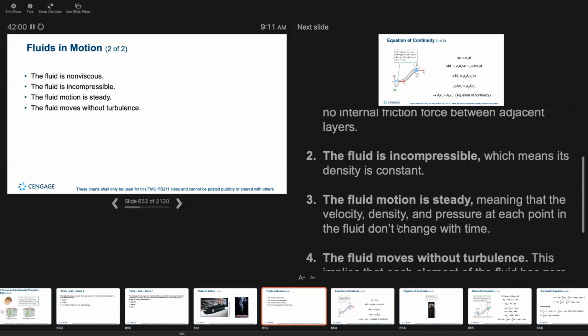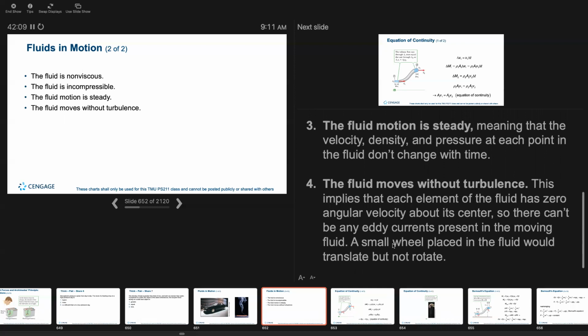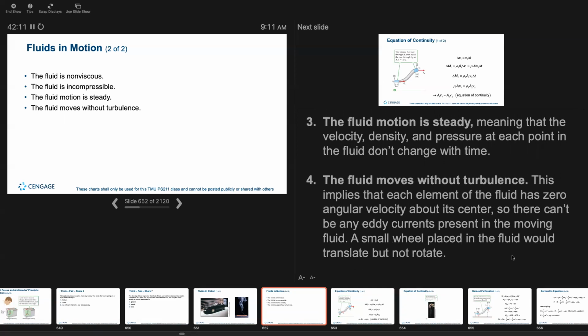Number three, the fluid motion is steady, meaning that the velocity, density, and pressure at each point in the fluid don't change with time. And four, the fluid moves without turbulence. This implies that each element of the fluid has zero angular velocity about its center, so there can't be any eddy currents present in the moving fluid. A small wheel placed in the fluid would translate but not rotate.